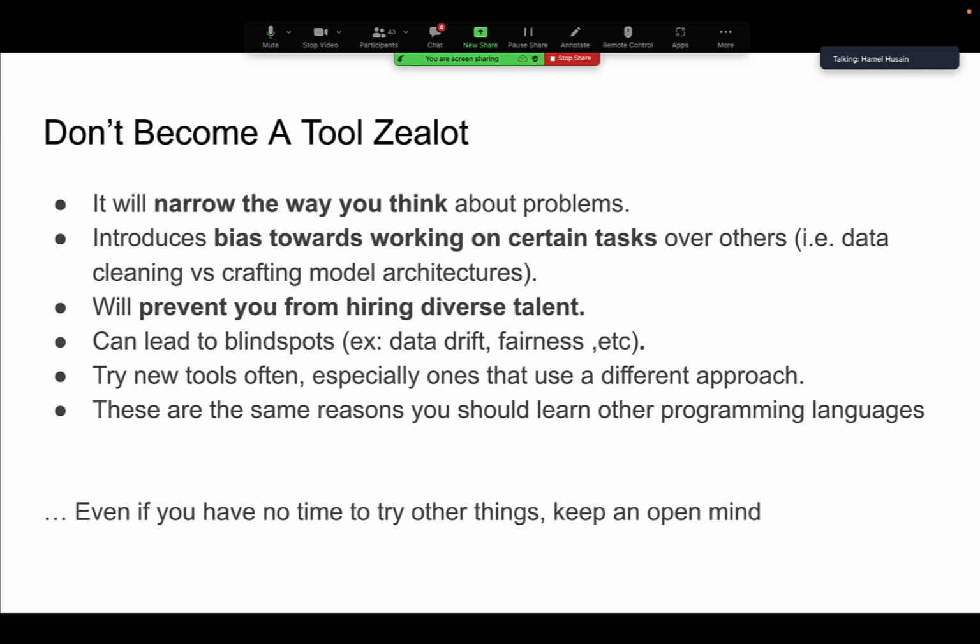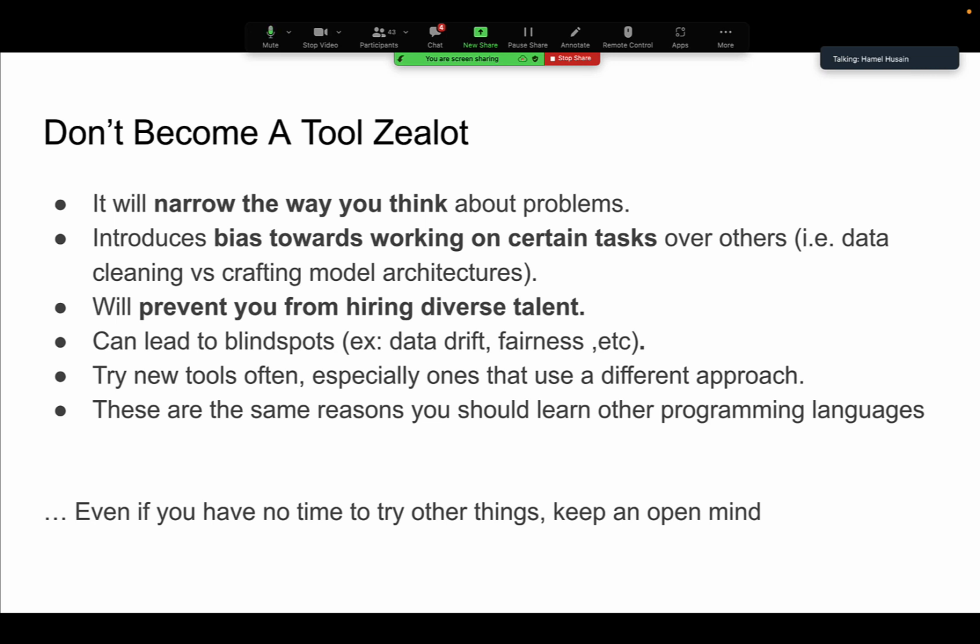will narrow the way you think about problems, and also introduce bias towards working on certain things. If the tool introduces lots of friction, let's say in this case feature engineering, it will bias you towards working less on feature engineering, and more towards working on other things.